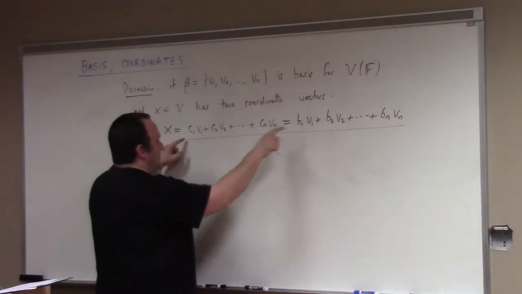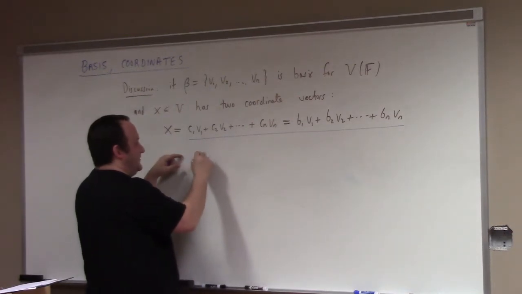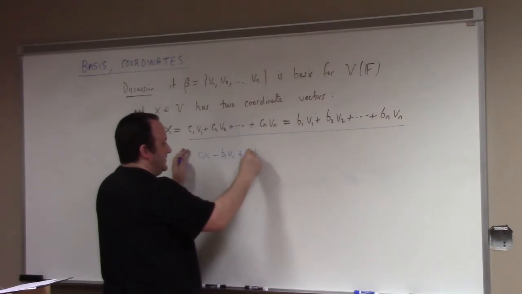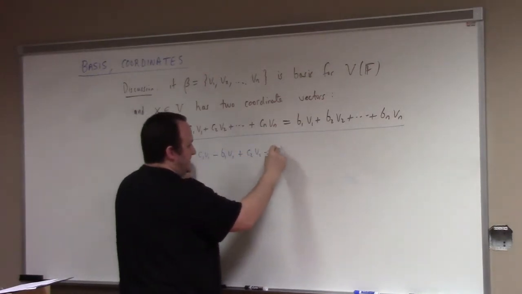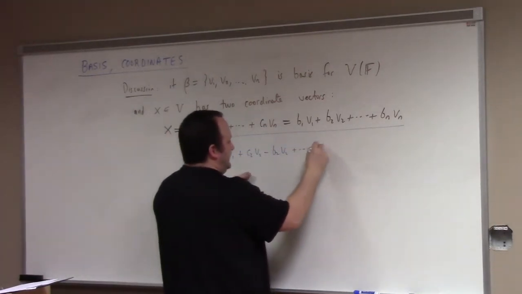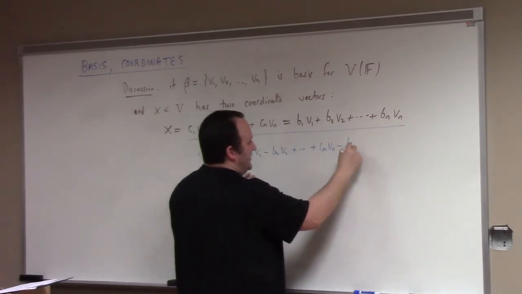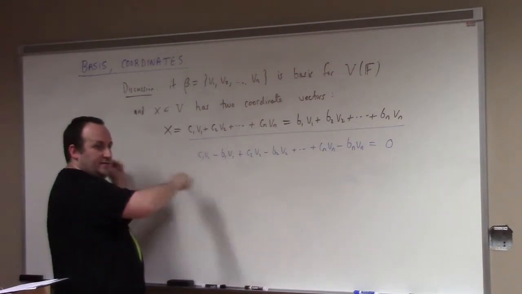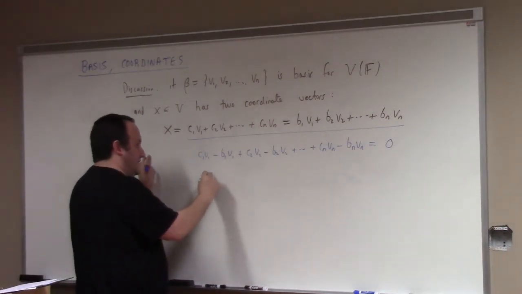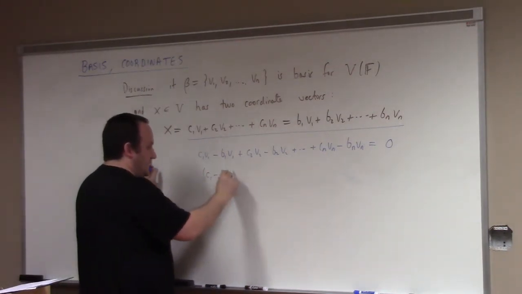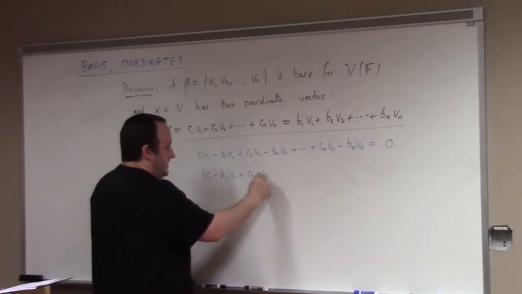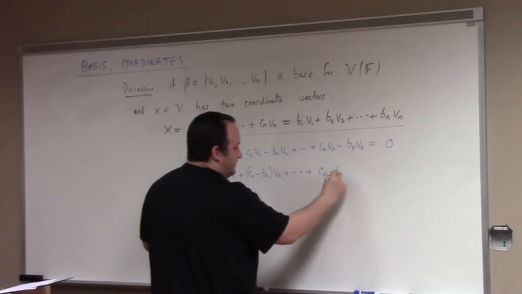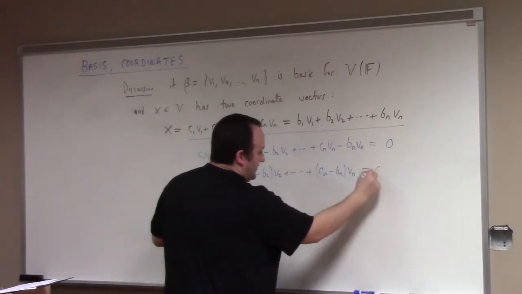So if this is true, then I get c1 v1 minus b1 v1 plus c2 v2 minus b2 v2 plus ... cn vn minus bn vn equal to what? Equal to 0. But then all you got to do is just collect things, right? (c1 minus b1) times v1, (c2 minus b2) times v2, (cn minus bn) times vn equal to 0.